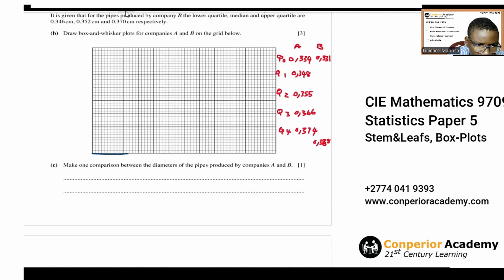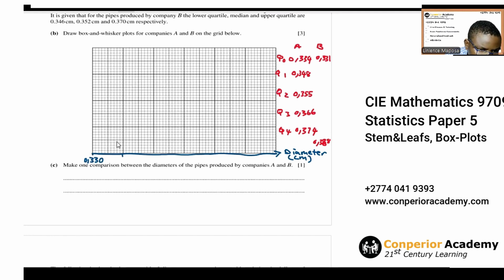So on the horizontal, I need a nice scale here that will accommodate all these values. Going this way, this represents diameter of the pipes measured in centimeters, right? So I want to start from around 0.3 going up to 0.39. So 0.33 up to 0.39. So I'm going to say the first one, let's say this one is 0.330.